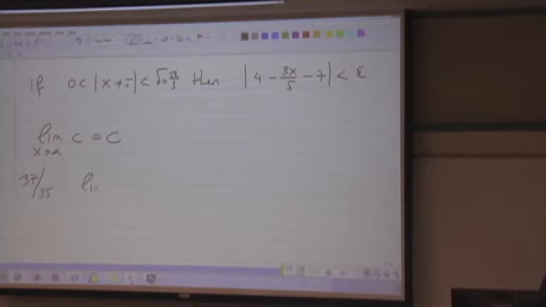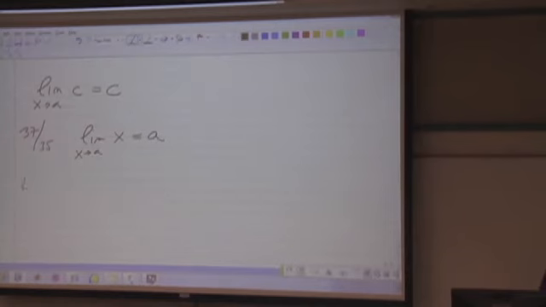What I'm going to look at right now is 37. What is the limit as x goes to a of x? Well, what we're going to try and show is the fact that it's equal to a. And as it turns out, this is also incredibly easy. Why is it easy? Well, what's the definition? Let epsilon be bigger than 0.